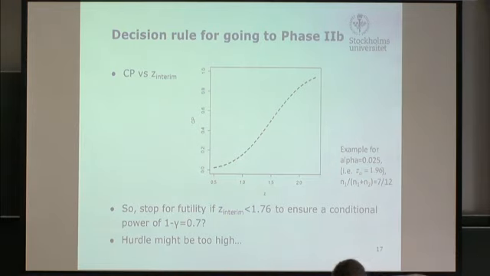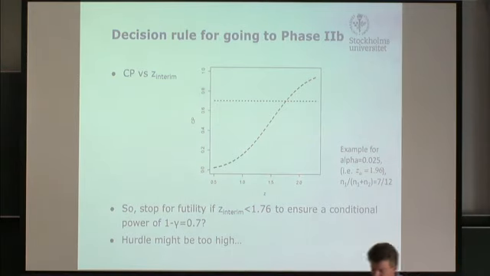If we have a target of 70%, then the recommendation based on conditional power would be to only go to the second stage if we have a Z value in the interim of 1.76 to ensure this conditional power, which corresponds to a p-value of around 4%. So this might be a too high requirement.